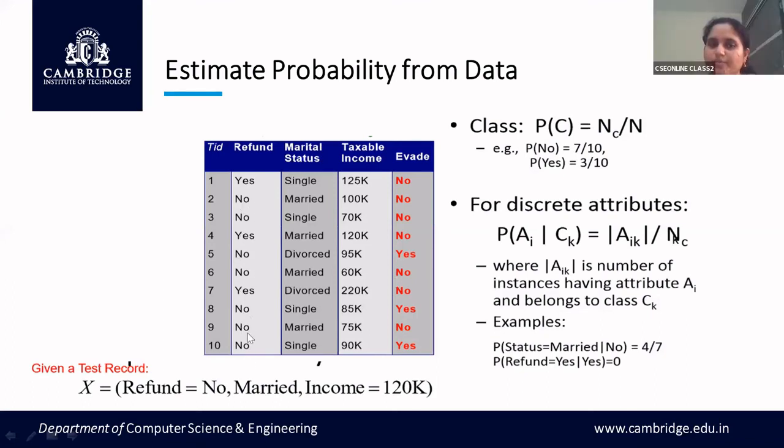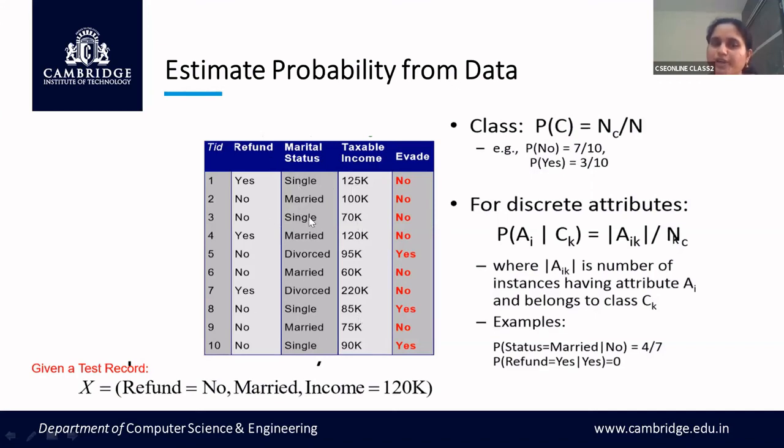Out of this, how many of them are yes? 1, 2, see here, 3. So it would be 3 by 7. For no, it is 4 by 7. Because here for yes, it is 0, because all probability for married is no, and even for 120K, it is no. Probability of yes is 0.